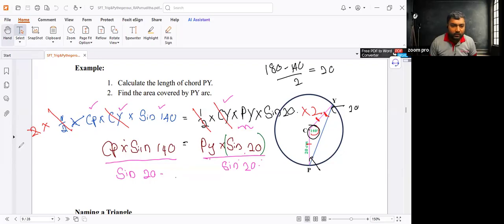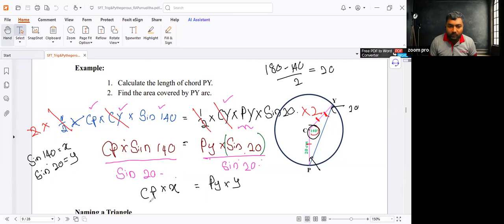Let me show you in another way, but the same, okay? Sine 140, let's take it as x. Then sine 20, let's take it as y. So then I can write CP into sine 20, I'm going to write as x equals CP into sine 20 as y.